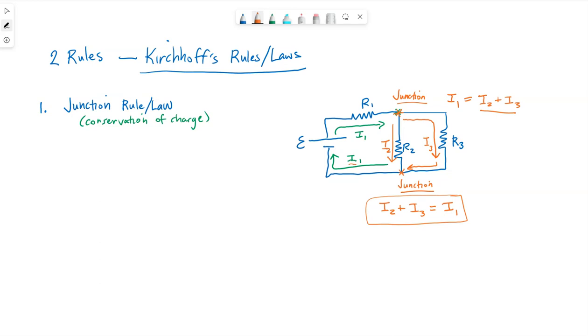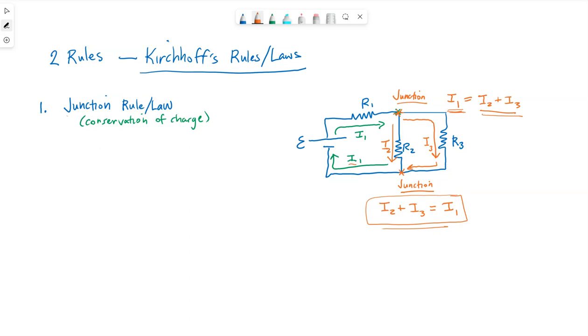The top equation, the current coming in was I1. It continued, split into two parts, but it continued as I2 and I3. And similarly, for the bottom junction, I2 and I3 were coming towards the junction, and they combined together to become I1 again.